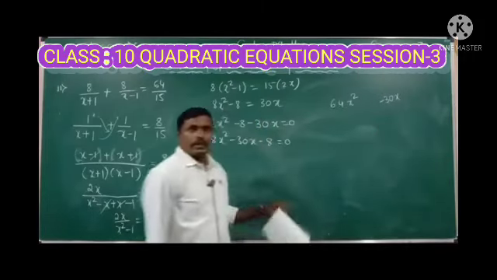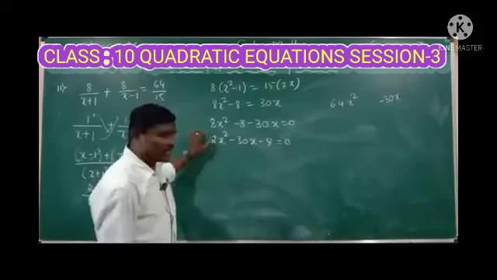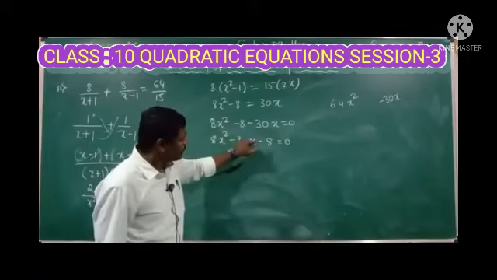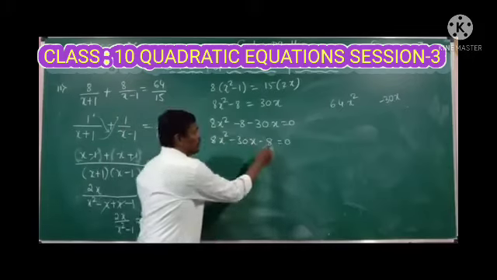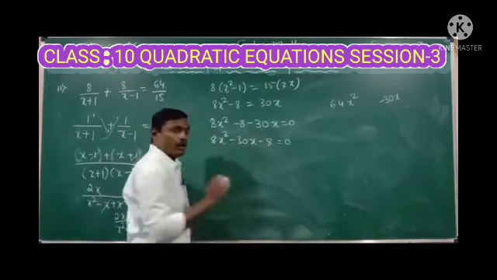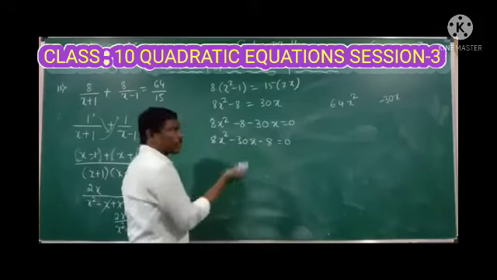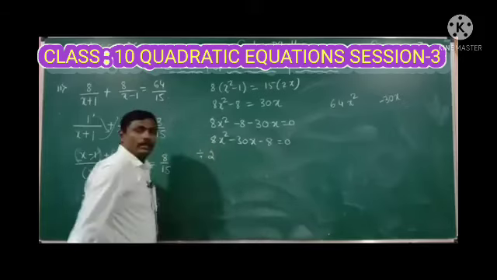If you are having some difficulty, just observe these numbers in 8x square minus 30x minus 8. These are all even numbers, 8, 30 and 8, no? So if all three coefficients are even numbers, we can easily divide by 2.